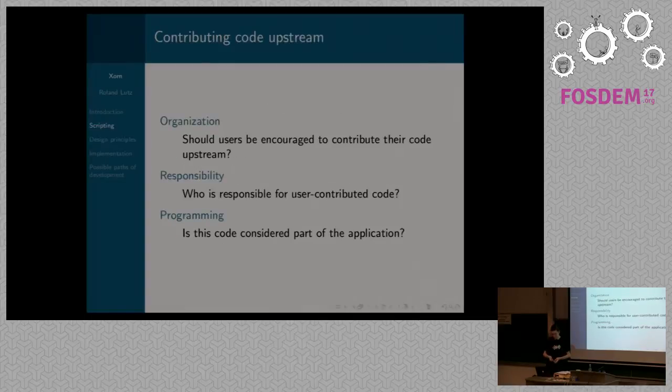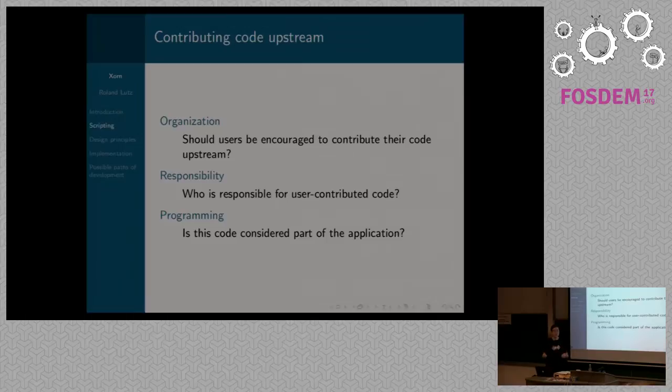Another point where there's a big difference between what's useful for proprietary and for free software is how we deal with user-contributed code. With proprietary software, the vendors add this API and the users use it to add their scripts, but what they do with it is basically their own problem.